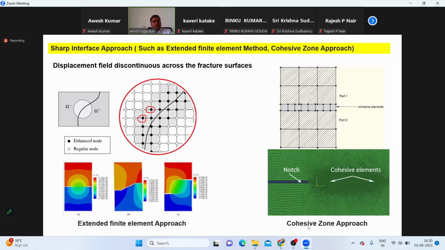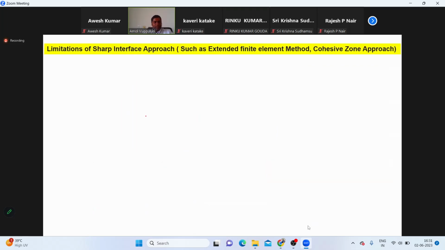So when these two approaches are there, why do we need the smeared approach? Because there are certain disadvantages with these two approaches. You need to have a pre-cracking in the domain. Second, whether it is extended finite element or cohesive zone model, the crack propagation direction has to be defined a priori.